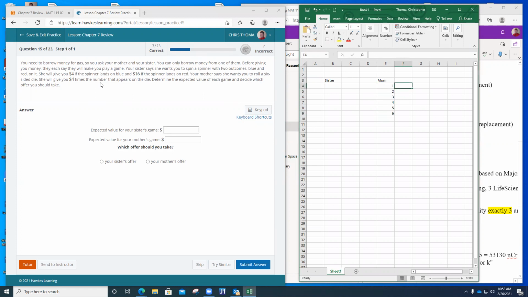And she will give you 4 times the number that appears on the die. So this is going to equal this times $4. So there are your outcomes. And you have a 1 out of 6 chance of winning each one of these. So this is equal to this times 1 over 6.